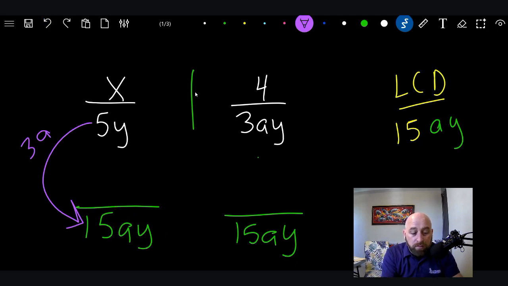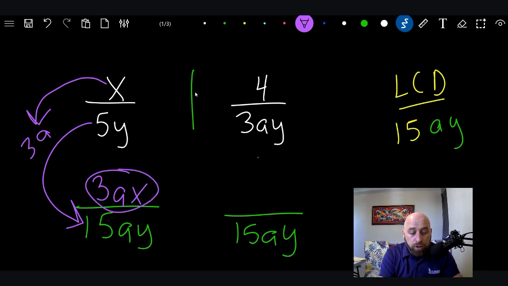Now you take the numerator and you multiply, because remember, if you multiply the denominator by something, you must also multiply the numerator by the same thing. So x times 3a equals 3ax. This is our new numerator, 3ax. We're going to do the same thing over here, and you say, what did I multiply by 3 to get 15?